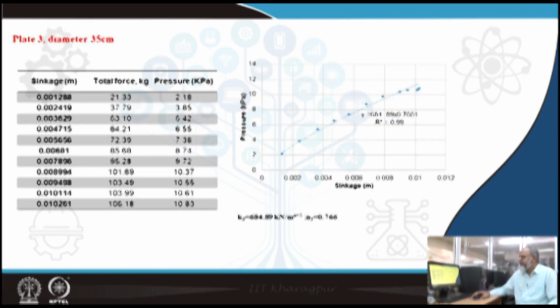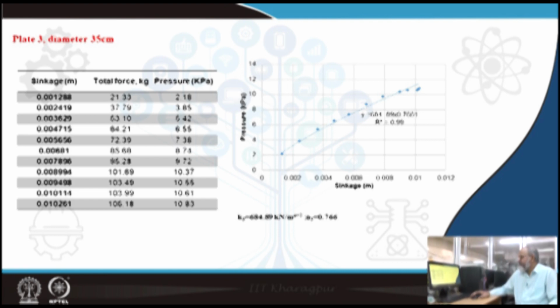Again we tried with another diameter plate which is 35 centimeter. We got the sinkage data here, we got the force data, and then force divided by the area of the plate will give you the pressure data. So now we try to plot pressure versus sinkage. What we observe here is again a power equation which will be best fitting the observed data points.